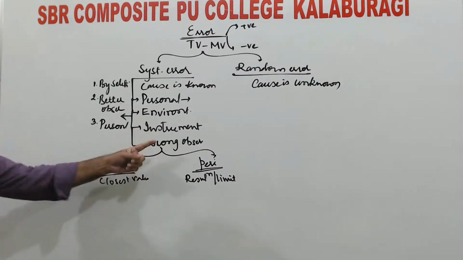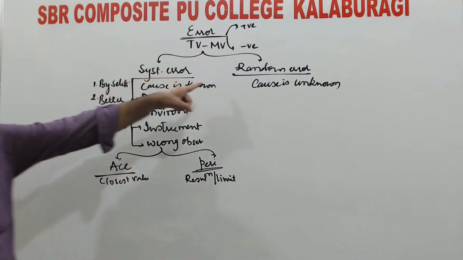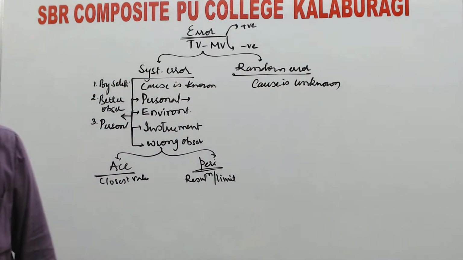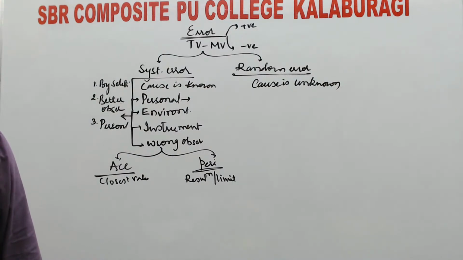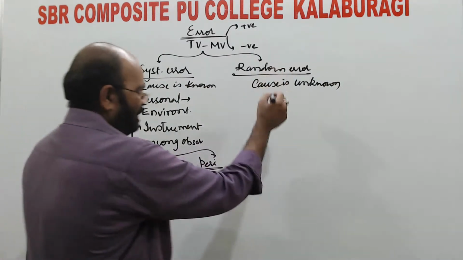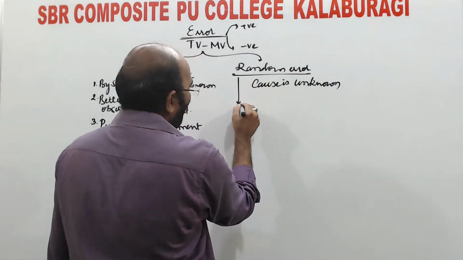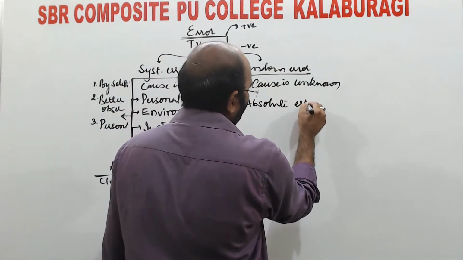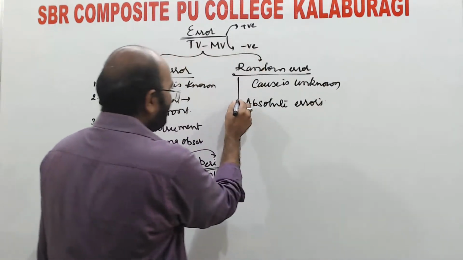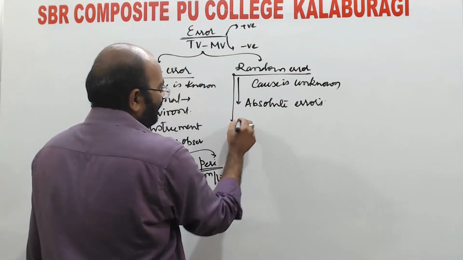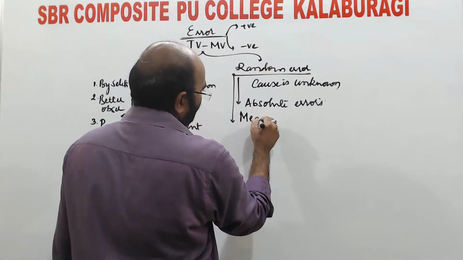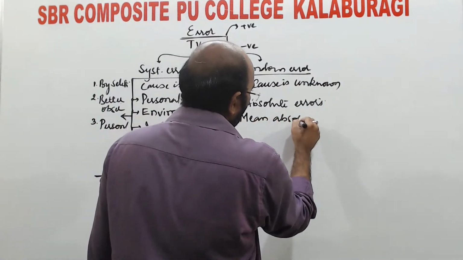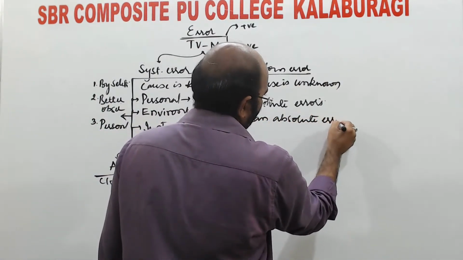After these two, we move to random errors. After finding the values of a random error, we go to the types of errors. The first one is absolute error. Then the second, mean absolute error.